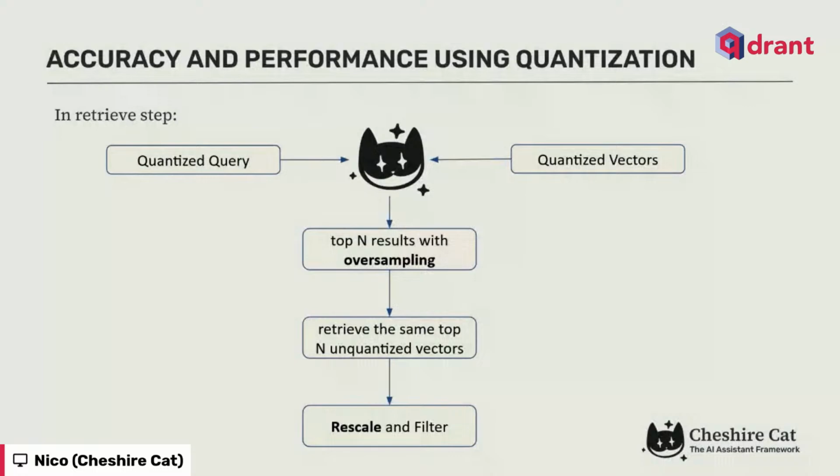On these unquantized vectors, we rescore based on the query and filter the best 10. This is an improvement because the retrieve step is so fast.